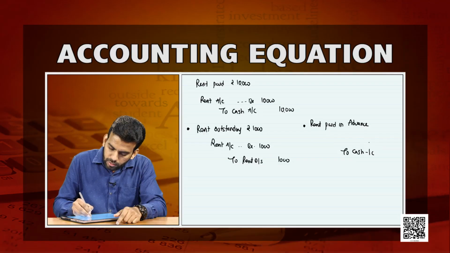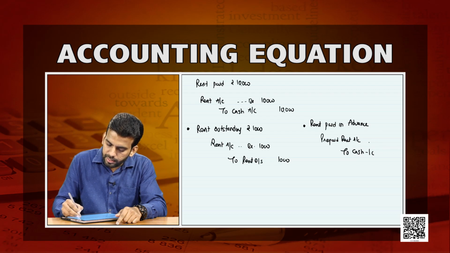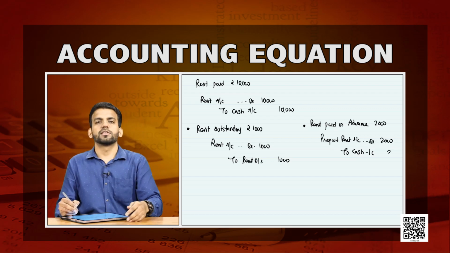What account would be debited? A new account, known as prepaid rent, debited. Any amount, let's say 2000. So this is the entry for outstanding and prepaid things when it comes to an expense.